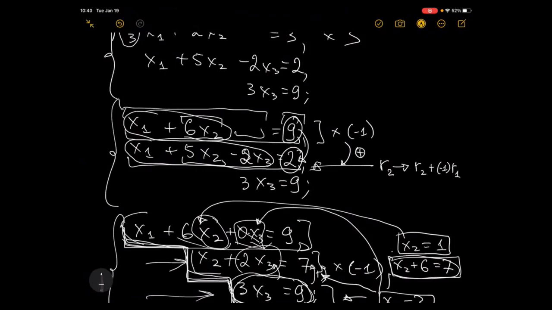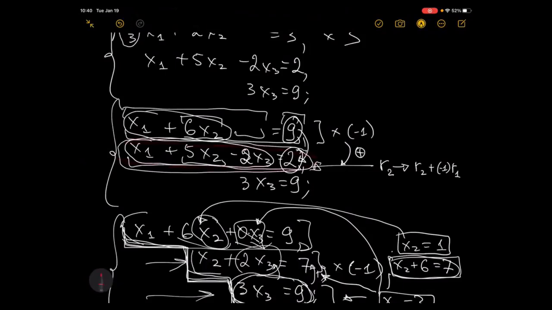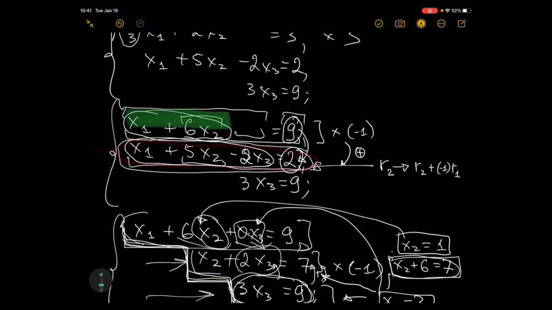So what I did, I said that I will take this row, and replace it by the sum of the row 2, and the first row multiplied by -1. Clear or not? Any questions?